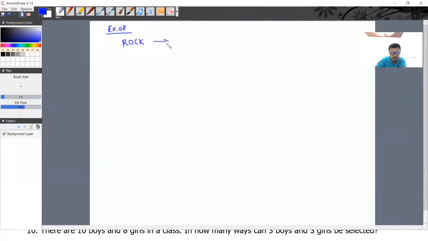By rearranging, by shifting the places of these letters, we can rewrite the same as how? By changing the places of these letters, we can rewrite the same as this. KOCR.